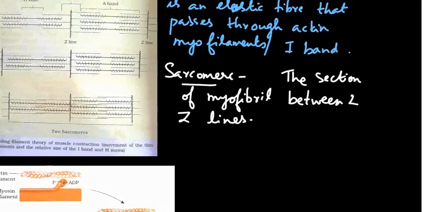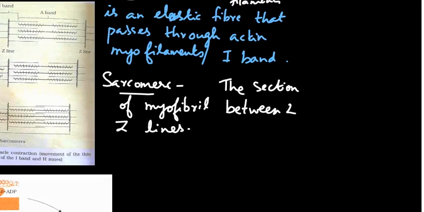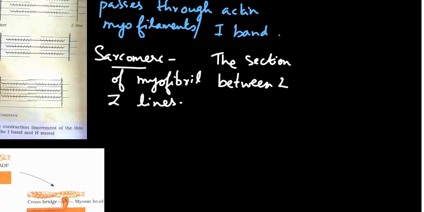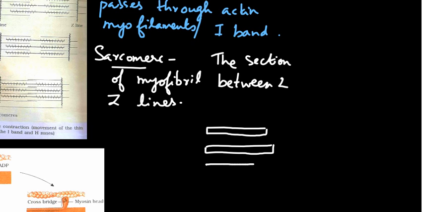So if you try to draw a sarcomere, we can draw it like this. These are the myosin filaments. The myosin filaments are thick when compared to the actin filaments. And then come the actin filaments, which are thin.